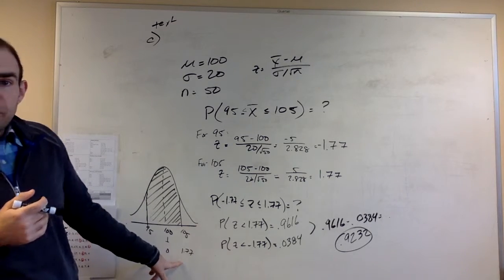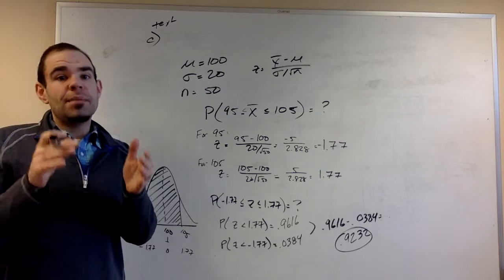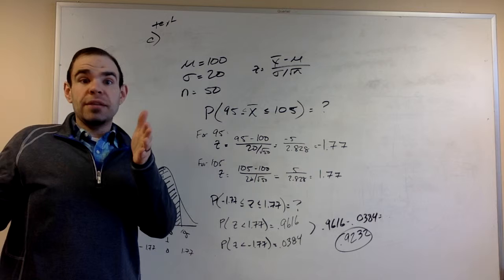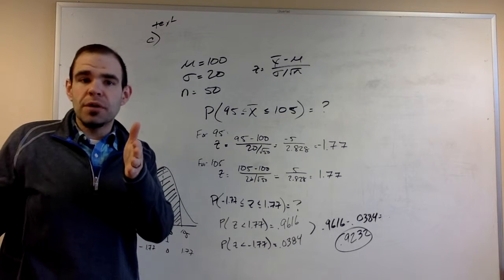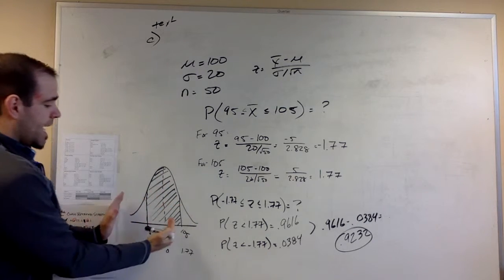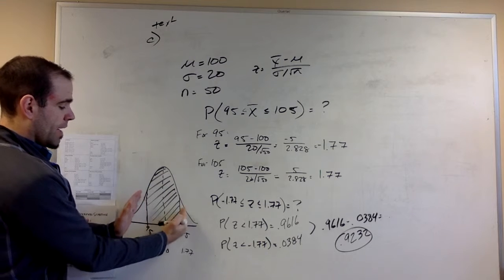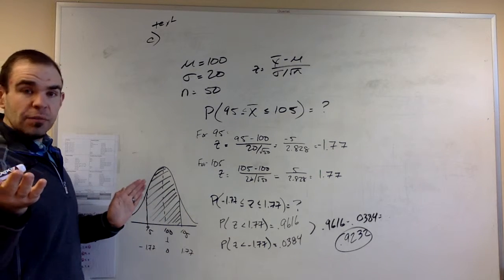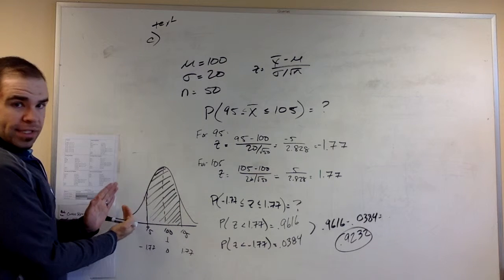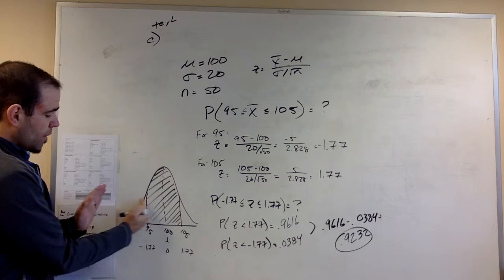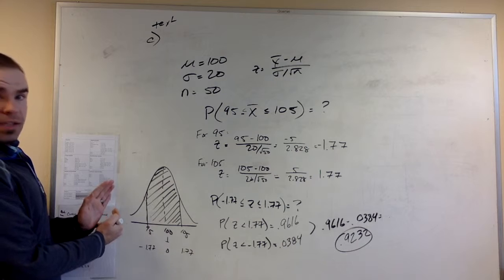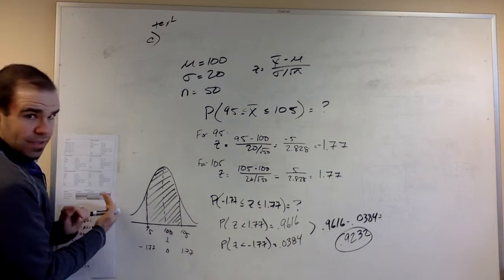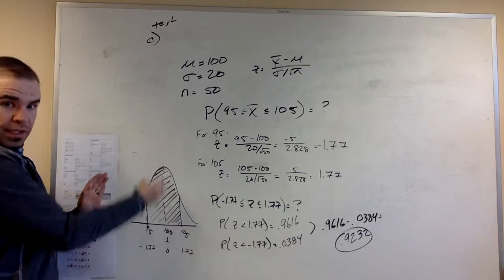Now to find the probability between two values, because the table only gives us everything to the left of one particular z-score, what we want to do is take the middle part. Everything below 1.77, subtract away everything below negative 1.77, because all of this minus this additional section will leave exactly what we're looking for.